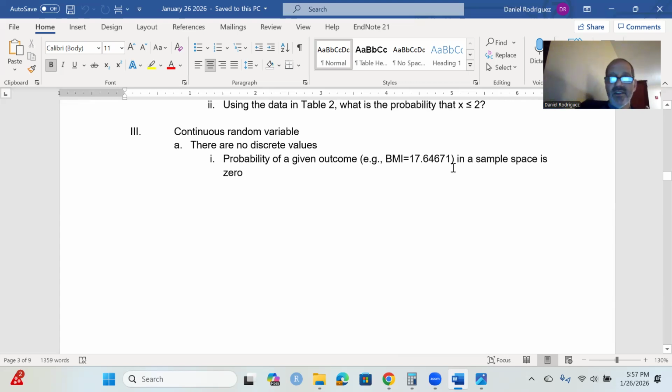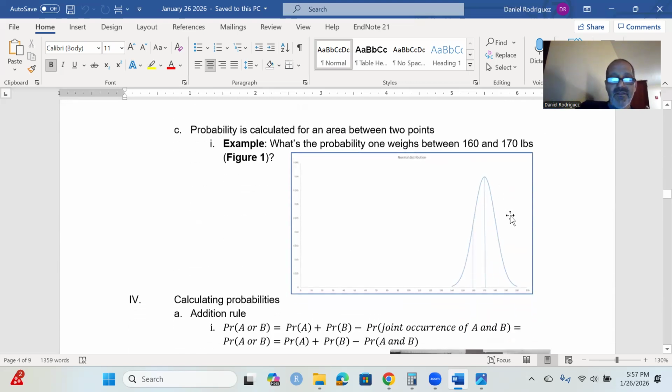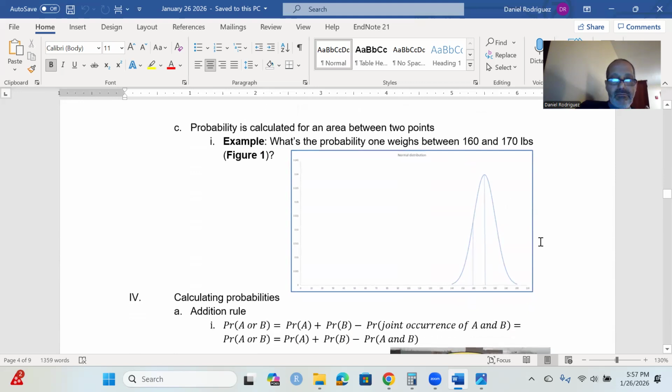It can get very, very precise. Because it's so precise, the probability of that value is 0. Because of that issue of the probability being equal to zero for any individual point, what we look at instead is the area under the curve.